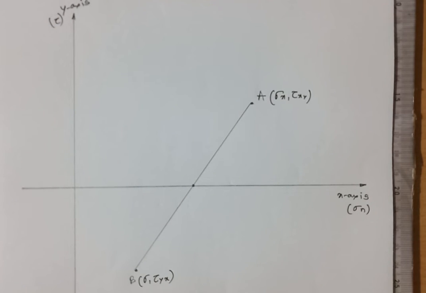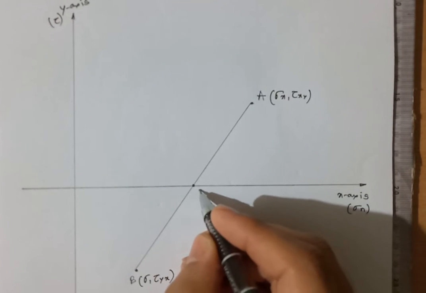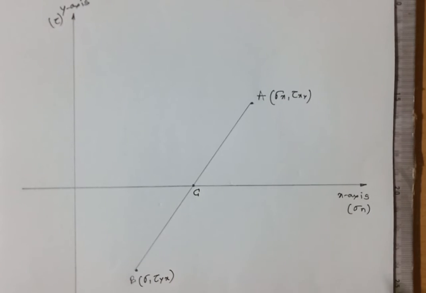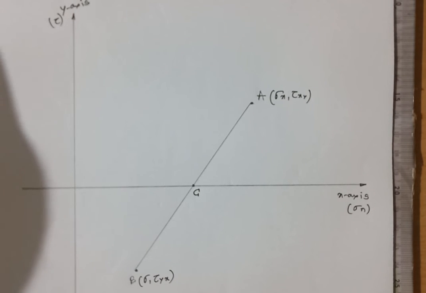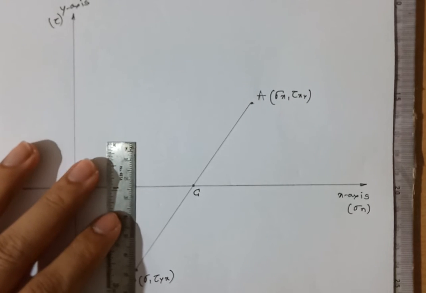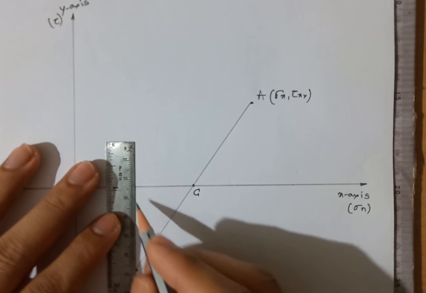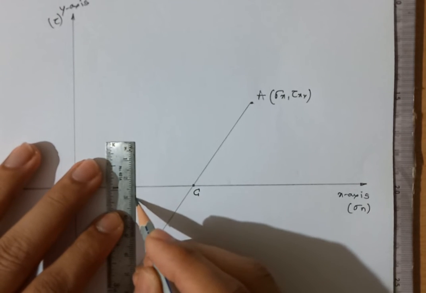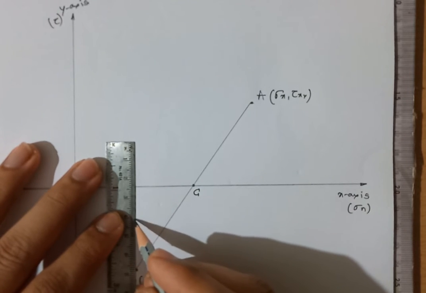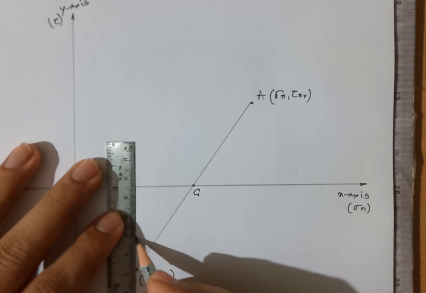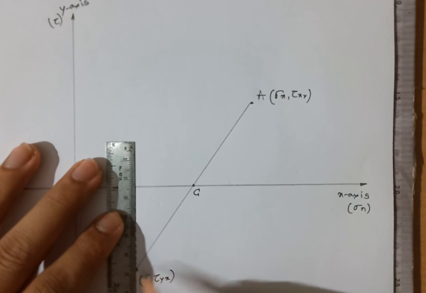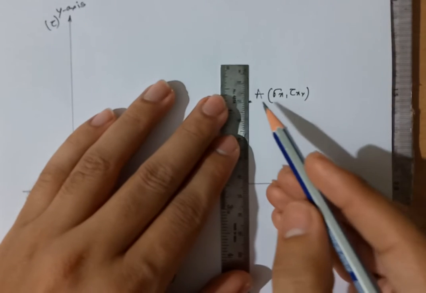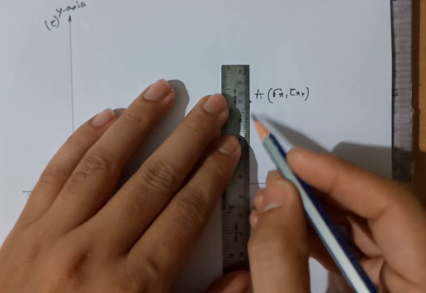I will mark it as point number C, or I'll denote it as center. Right? Now I will join this such that there is a perpendicular dropping from plane B to the sigma n axis. Right? So I will join this as well.